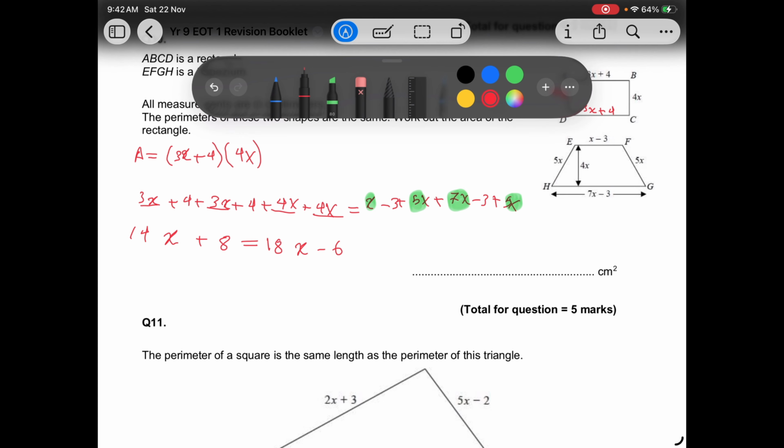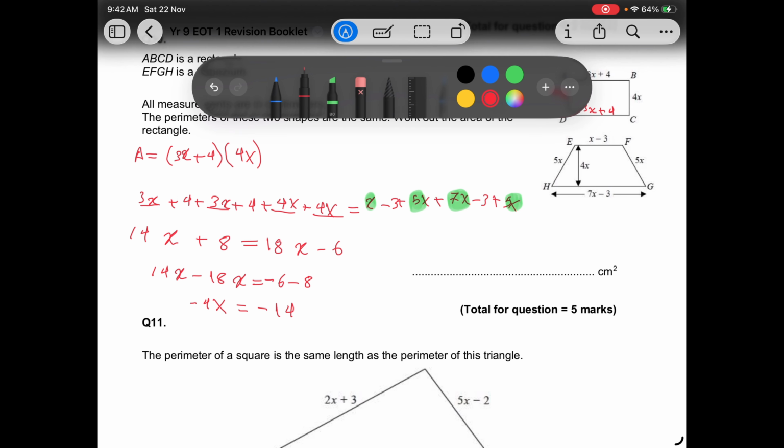Collect all x's to one side, so it will be 14x minus 18x equals, what? Equals minus 6 minus 8. So here it will be minus 4x equals minus 14.